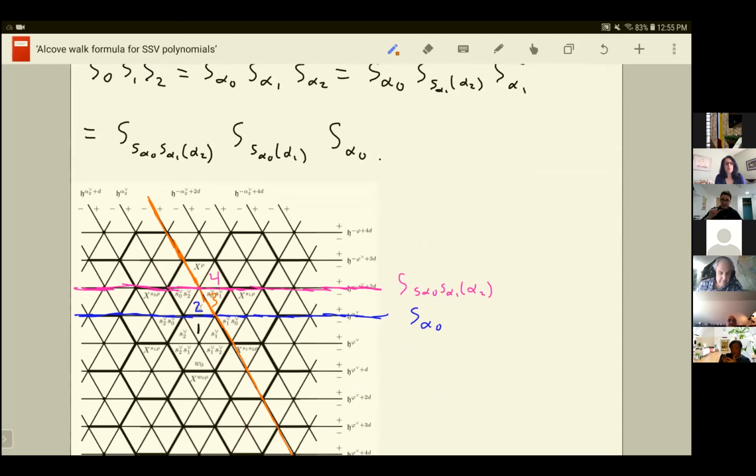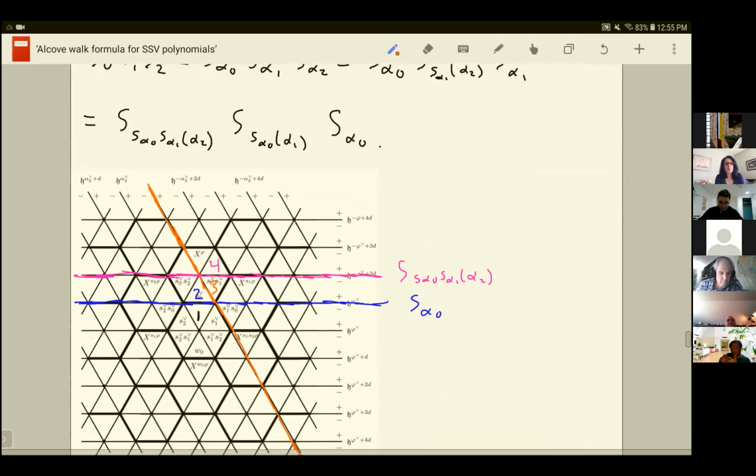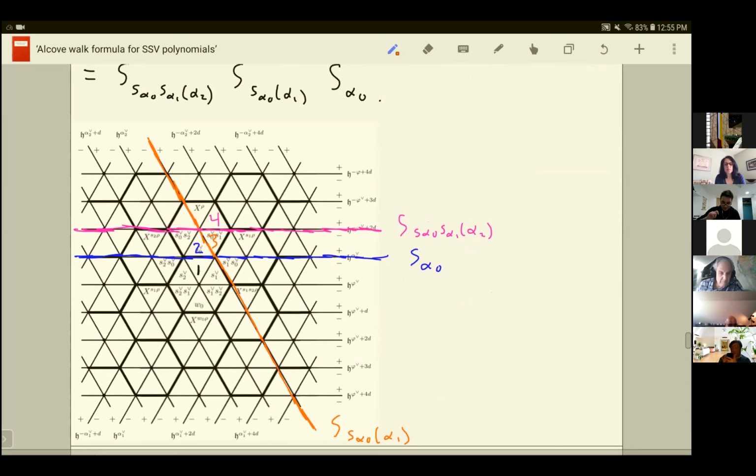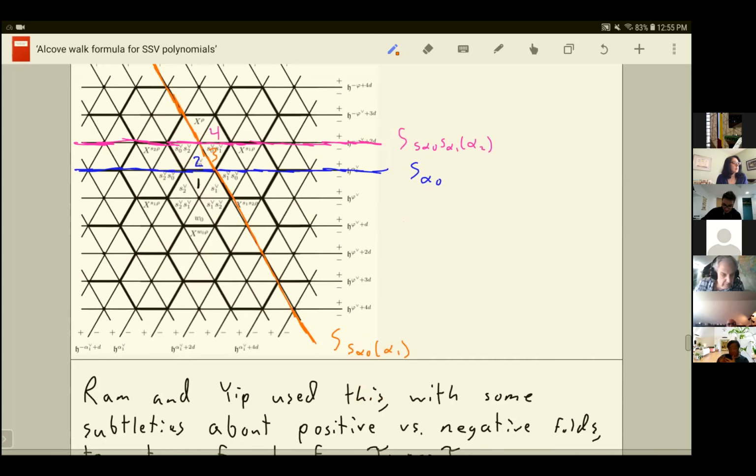Now in the next step, you reflect not through alpha 1, but through where your first reflection took alpha 1. This orange hyperplane is where alpha 1 got taken by what you've already done. And so it's going to be next to your current alcove, and then similarly for the other steps. The way this is set up, the next step in your alcove walk is always going to be next to where you currently are.